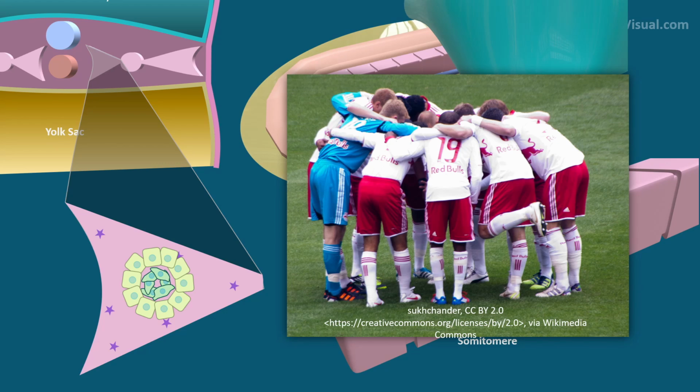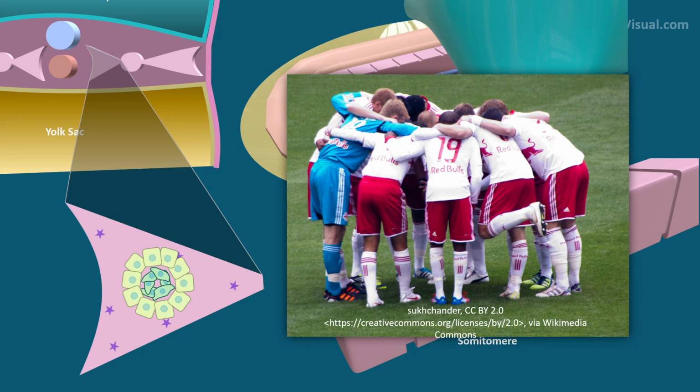The meeting is going on and they decide that, hey, you four people are going to form the dermis of skin, you four or five people are going to form the muscles of the back, and you remaining four or five people will be forming the bone of this area, the axial skeleton. And after doing so, they convert back into mesenchymal cells, and then they acquire specific fates. Some of the cells will form the dermis, some will form the muscles, and the remaining cells will form the bone.